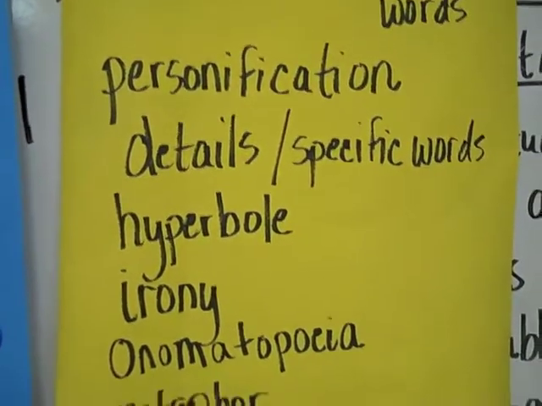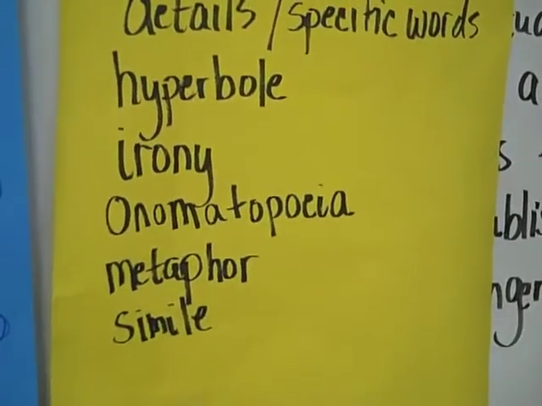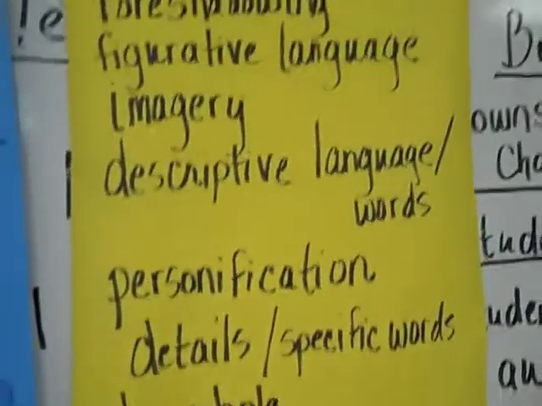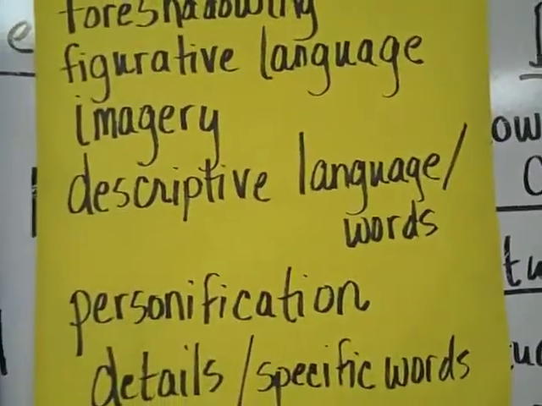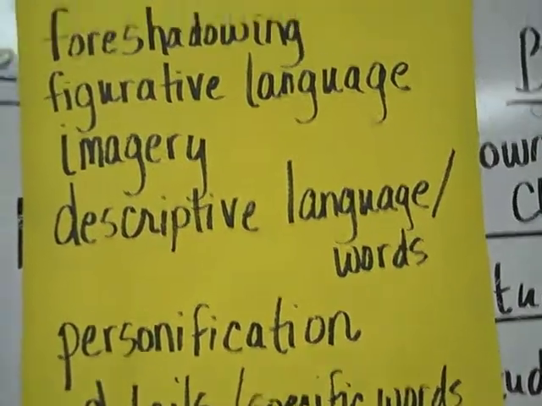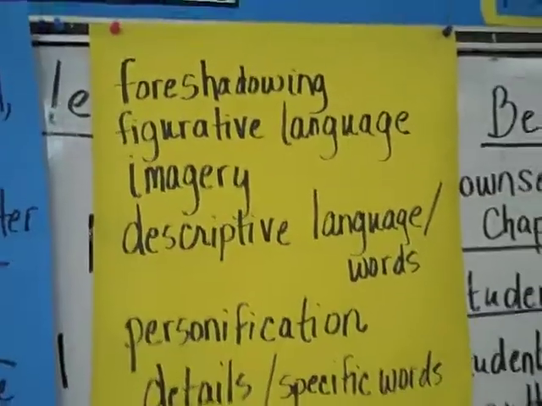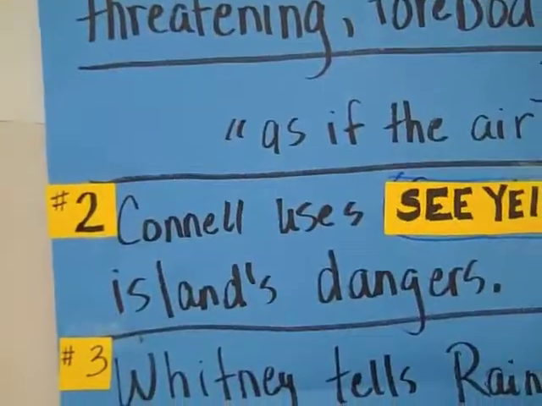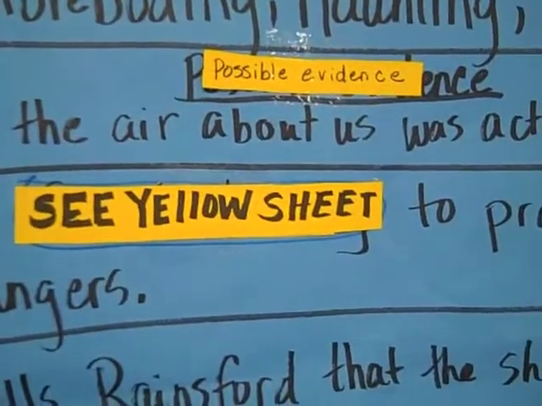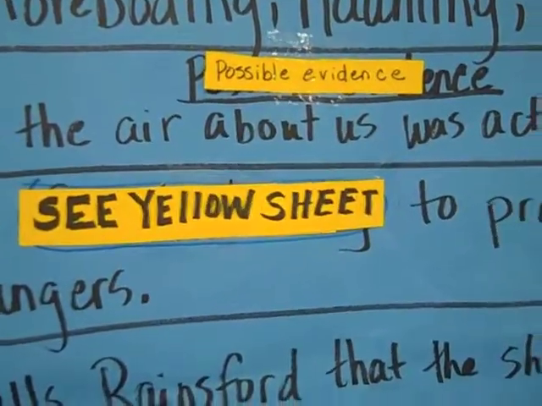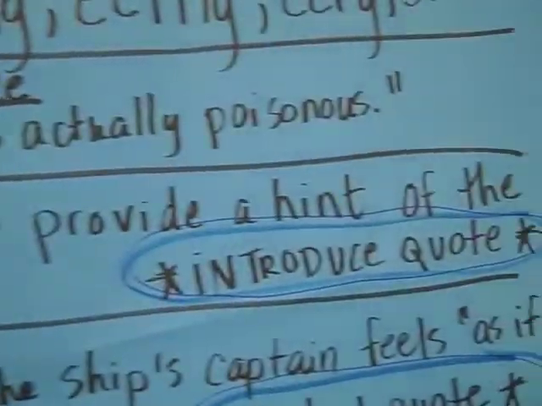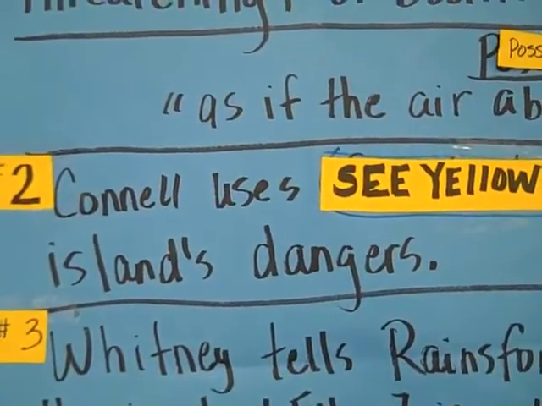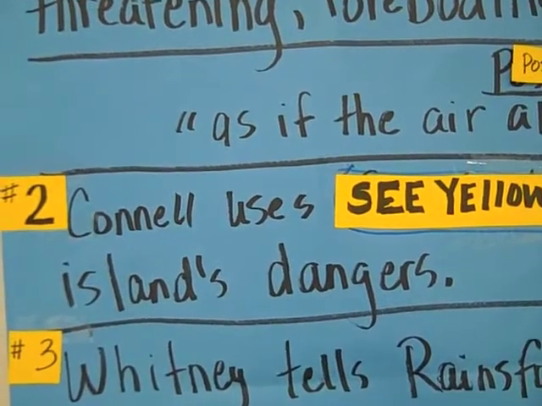Okay, it's not irony yet, or onomatopoeia or metaphor, but it is a simile. So you could have called it any of those things, and some of you have different quotes or different evidence that you picked from the book. You may insert one of these words off the yellow sheet into this spot in the sentence. Connell uses figurative language, foreshadowing, specific word choice to provide a hint of the island's dangers. That's how you would introduce the quote.